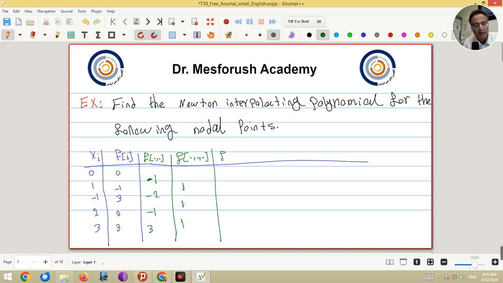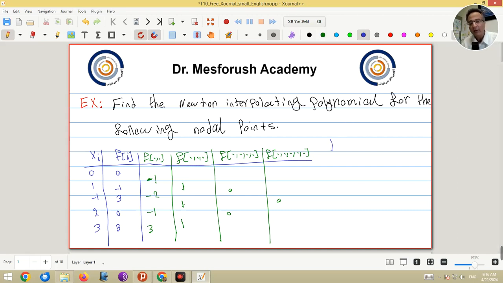Okay, and the other one, the third differences: 1 minus 1 will be 0, and the other one will be 0, and finally I get the fourth difference, which will be 0.